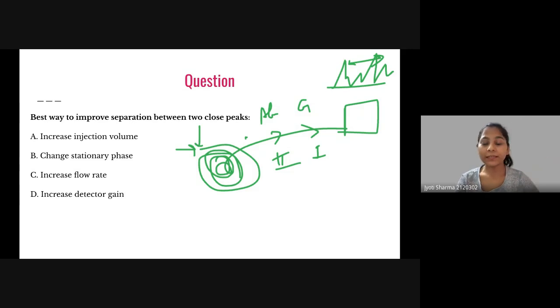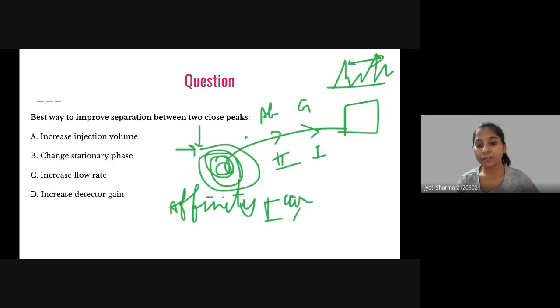We are exploiting the affinity of our chemical with the carrier gas and the stationary phase, right? So if our chemical has more affinity with the carrier gas, it means it will go first.